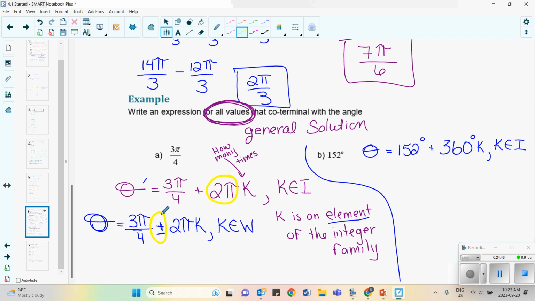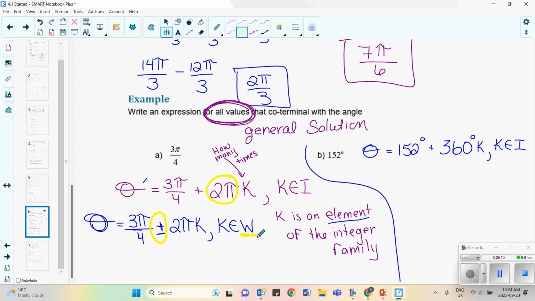But if you're going to use whole numbers, then you need to put the subtraction sign, because this is all values, both positive and negative, infinite answers. So it's going to have the plus minus on it. If you use a plus minus, you need a W at the end. If you use just a plus, you need an I at the end.